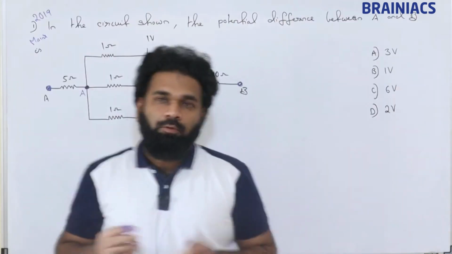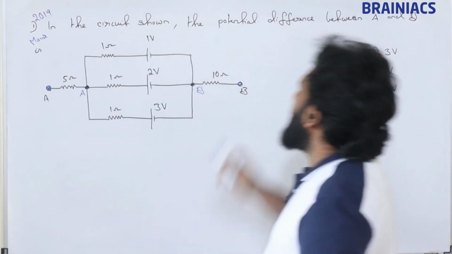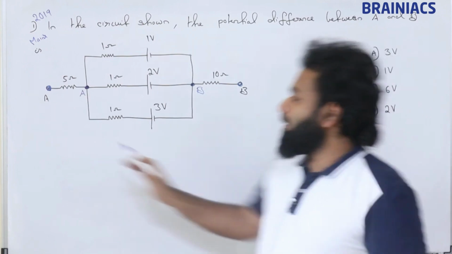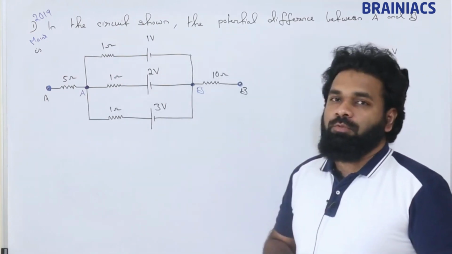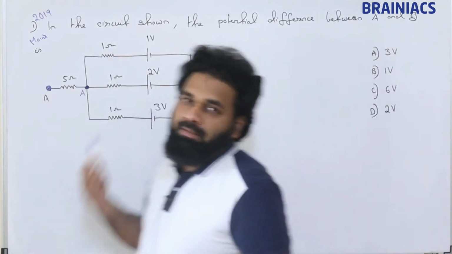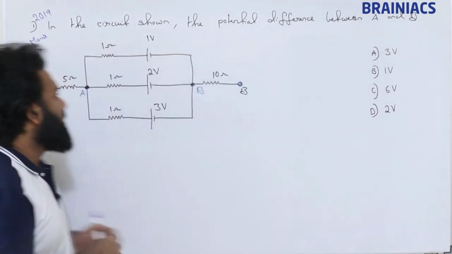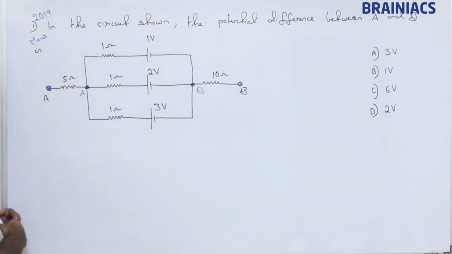So do this question. They are asking the potential difference between the terminals A and B. No current will be passing in this circuit. This is not connected to any external circuit, no external resistance.